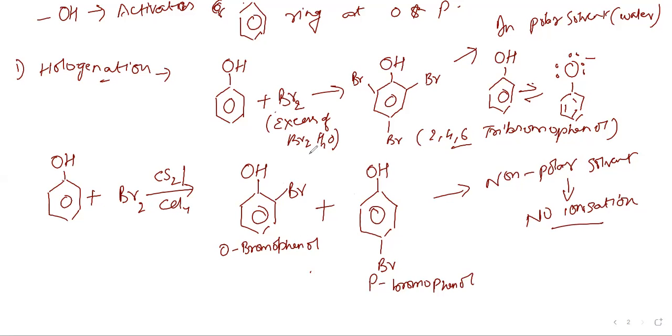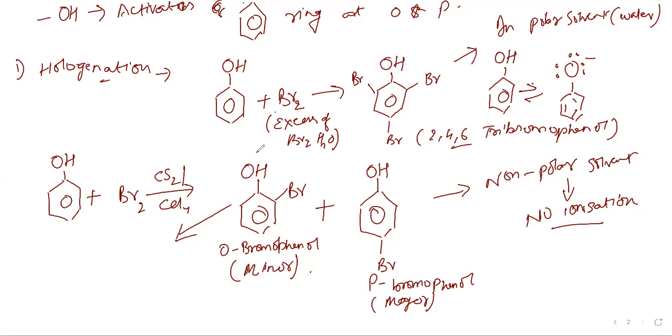And the other thing that we need to look into is that out of this ortho and para, this is your minor product. The ortho product would mostly be the minor product, and this is your major product. Why is this the minor product? Because if you look at this molecule, it has more crowding, because this bromine atom is near this hydroxyl group.